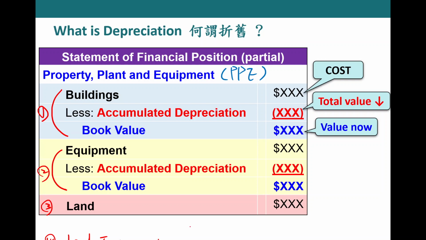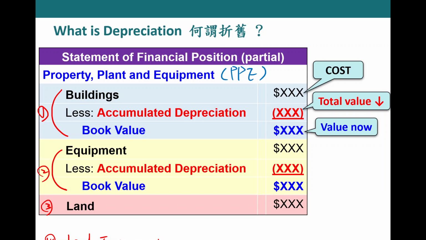Okay? So for each one, you have to tell them after you use it, what is their value right now, right? So for buildings, we will have the cost. What's that? How much money we spend to buy it, right? Then remember, accumulated depreciation makes your PPE value decrease.